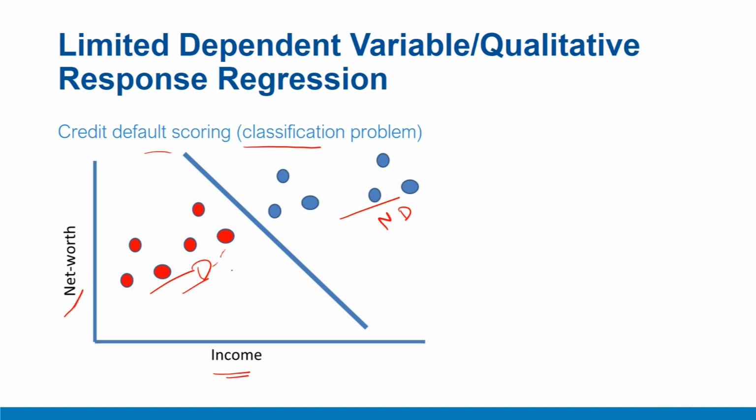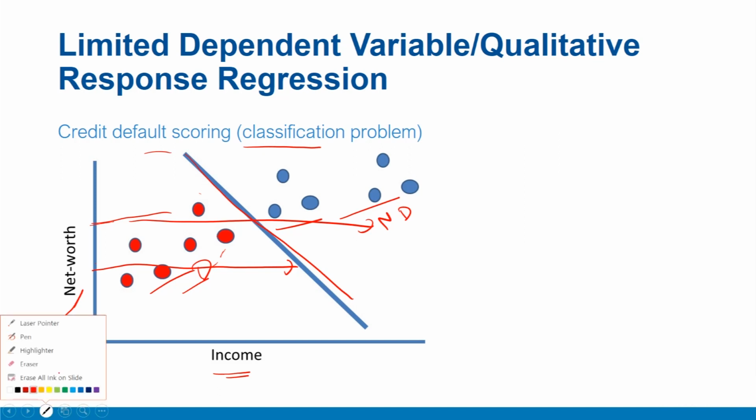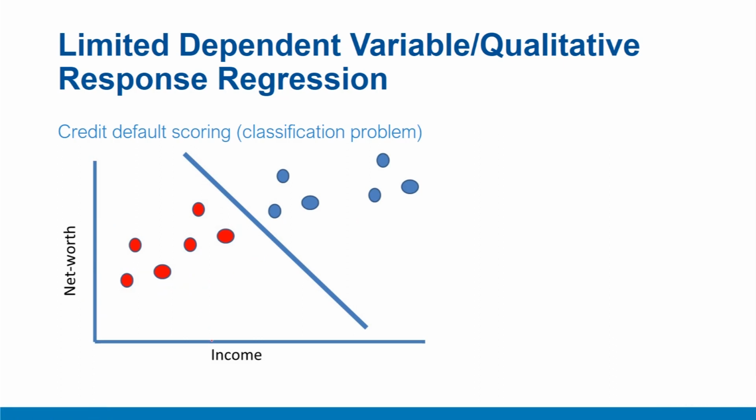Now, using these labels and these features, you would like to train your algorithm. There are different ways to do it. For example, if you are given only net worth, you would train your algorithm at different levels of net worth and see which of these levels classifies the data best between red and blue observations. Similarly, if you are given only the income feature, then you would try different levels of income to classify data according to its labels in the most efficient way possible.